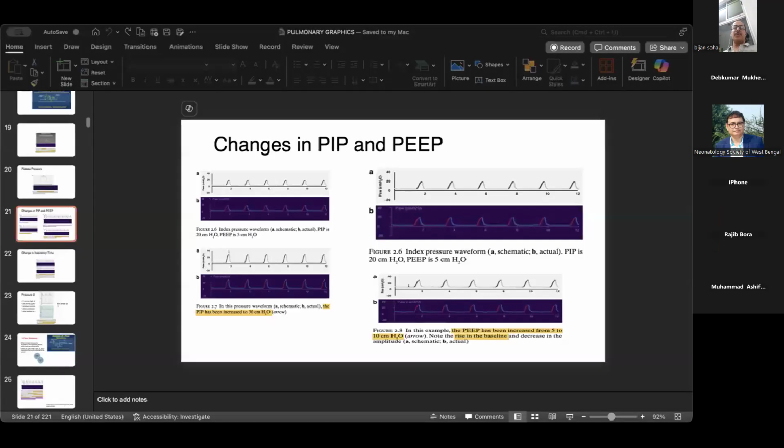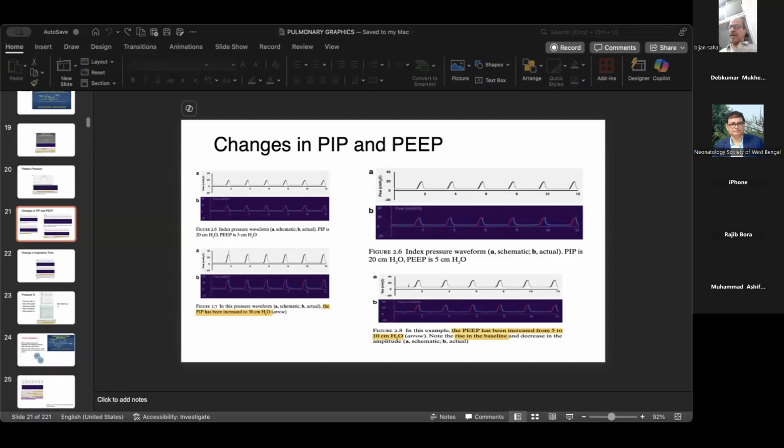Before Rajib starts, a few words about today's session. As sir has rightly said, today is the 13th talk of the series. And before that, we have almost completed all the talks. Today's topic is pulmonary graphics in mechanical ventilation.